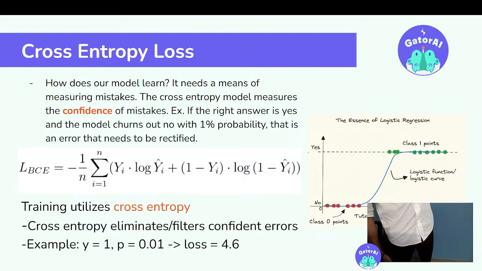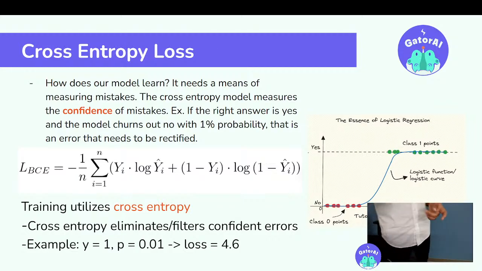If you look at the graph, you have logistic regression in action. You have class 0 points, which are red. The red points sit at the bottom, and the green points sit all the way at the top, at probability 1. If y equals 1 but the model predicts 0.01, the loss, if you plugged it into the function, would be approximately 4.6.